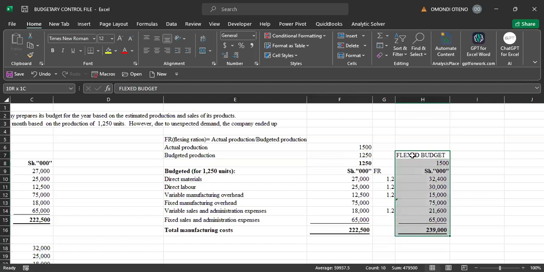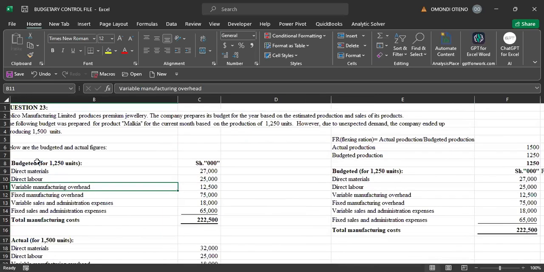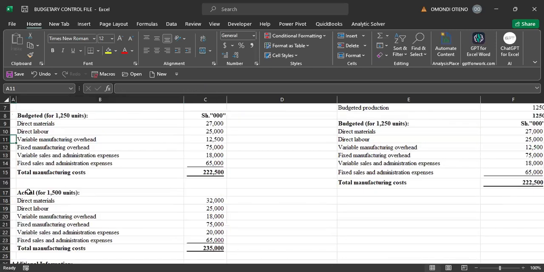So we can now go ahead and compare this flexible budget with the actual results. In reference to the data that was given to us, do we have actual results? Yes. We are told actual results for 1,500 units is available down here.